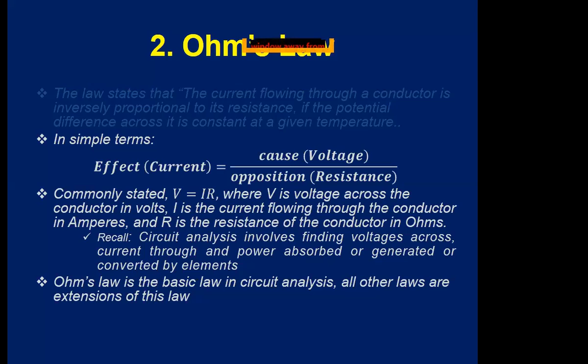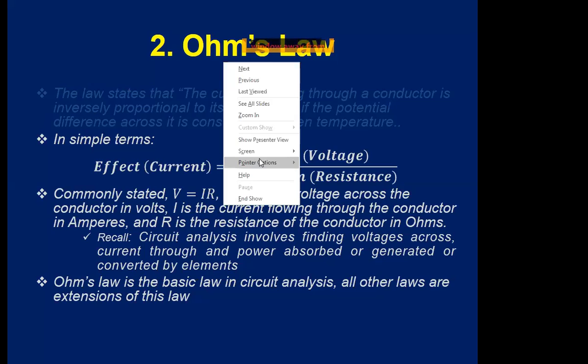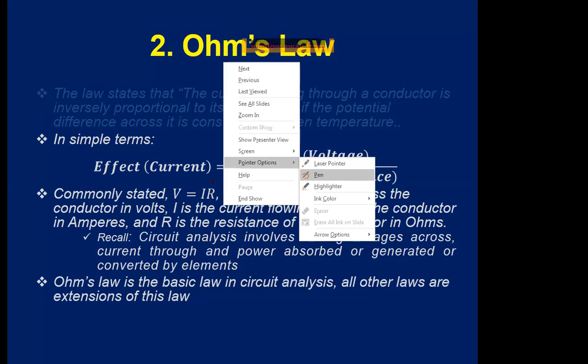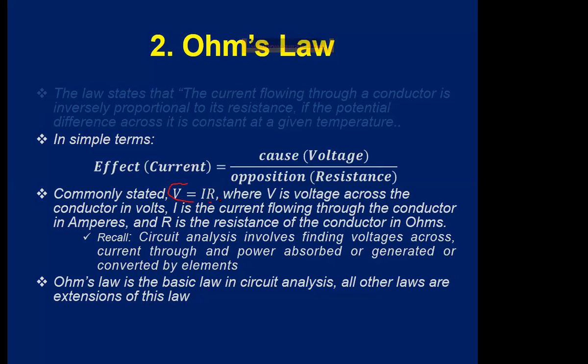So in general, effect is called cause over opposition, and in our case, effect is the current, voltage is the cause, and opposition will be the resistance. So commonly stated, Ohm's law is stated as V equals IR. Voltage is equal to current times resistance, right?